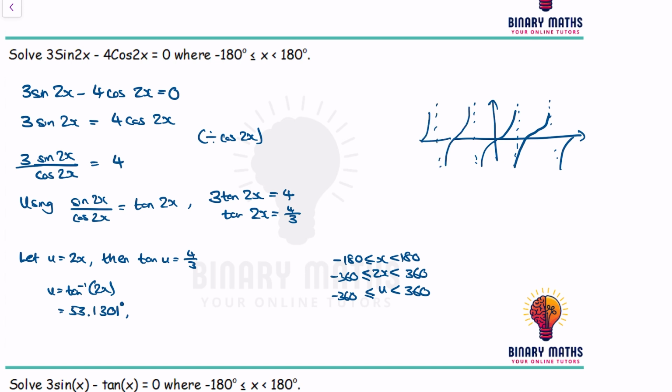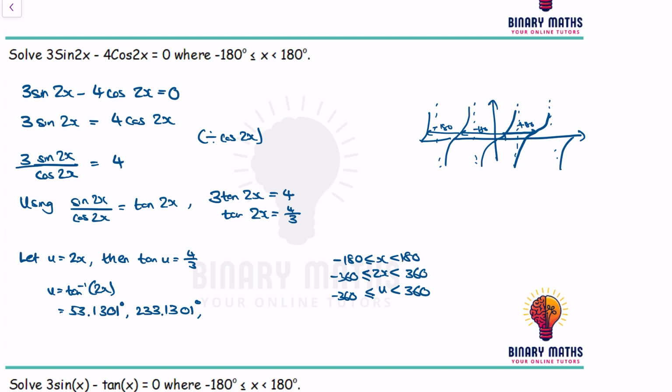So I've got 53.13, which is somewhere here. If I need to find the next one, I need to add 180. If I need to find the one previous, I need to minus 180, all the way down to minus 360 to see how many I can get within the range. So if I add 180, I get 233.1301 degrees. Okay, and the next one would be over 360, so I don't want the next one.